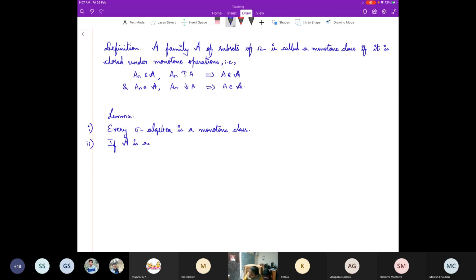Next one. If A is an algebra, then A is a sigma algebra if and only if A is a monotone class.